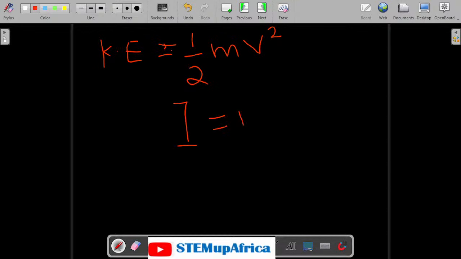Our kinetic energy, which is the linear motion, is equal to half mv squared. That is kinetic energy. What about moment of inertia? Moment of inertia I is m r squared. That is the formula for moment of inertia: mass times the radius squared.